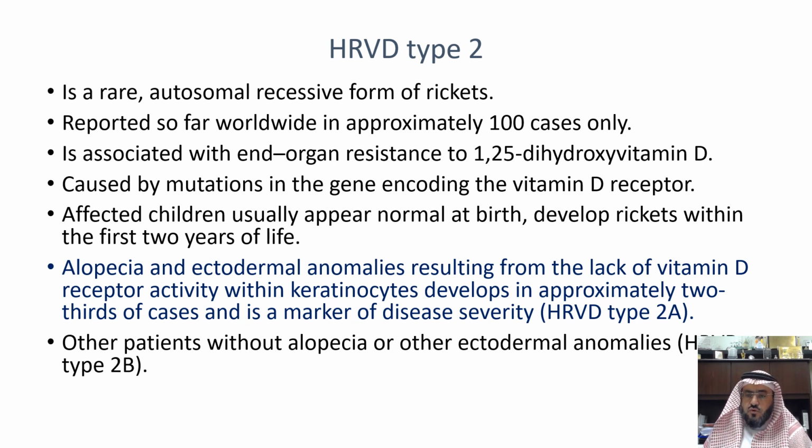Alopecia is common, but only in 70% of cases, and the remaining 30% don't have alopecia. If there is alopecia, that is called type 2A. If we don't have alopecia, that is called type 2B.